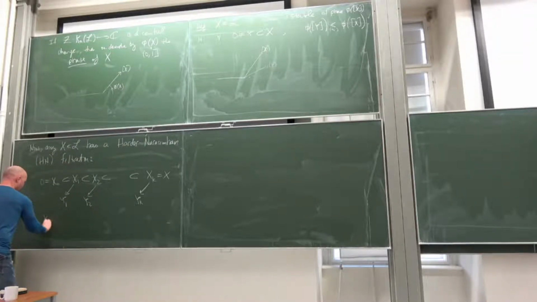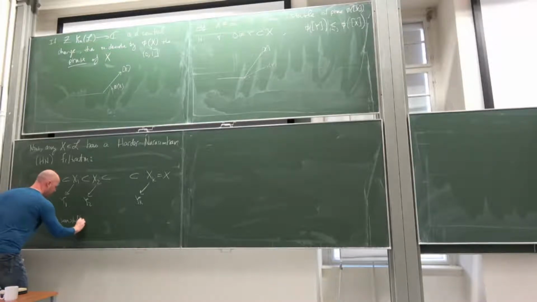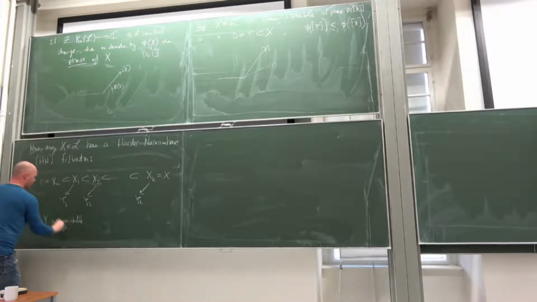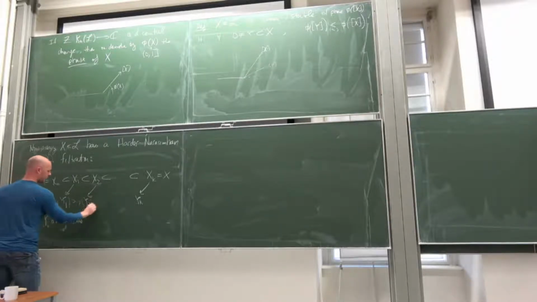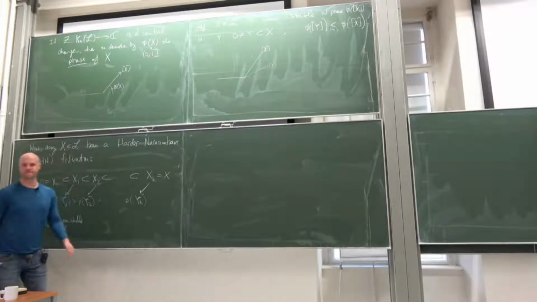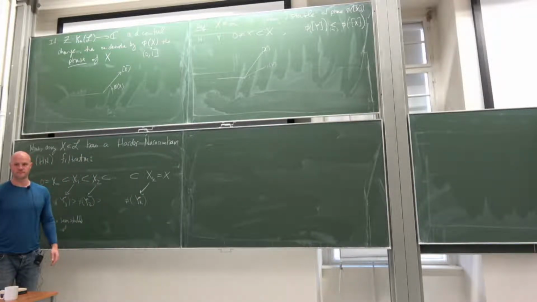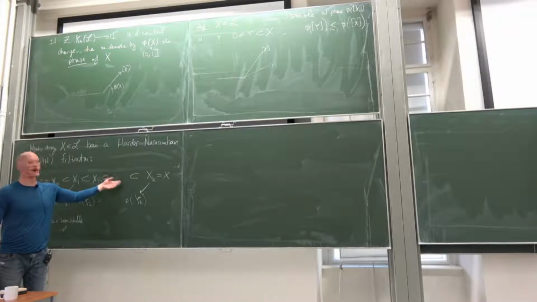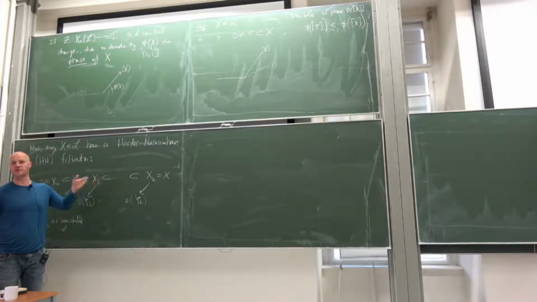So all the Yi are semi-stable, and the phases decrease. Okay, and this filtration is canonical. Once we've chosen a central charge, this filtration is unique.